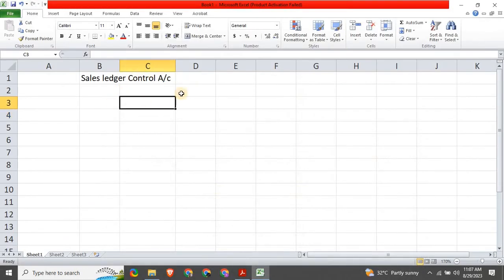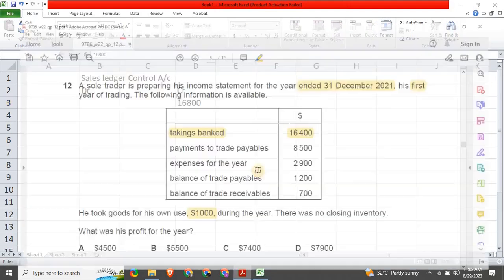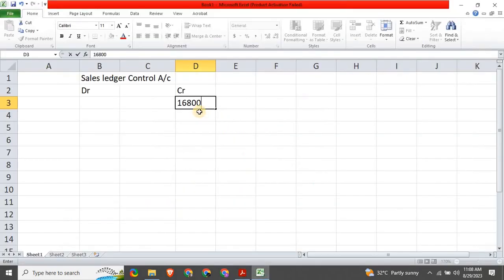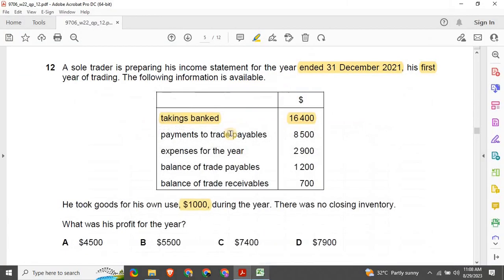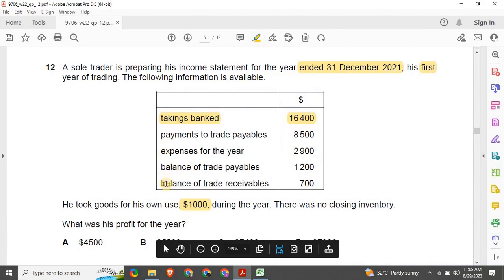This is your credit side, this is your debit side. So when we receive money from them, we write it down here: 16,400 that we have banked, deposited into the bank. And then one more piece of information related to trade receivables is the balance of trade receivables, which is 700.